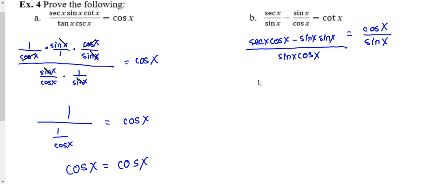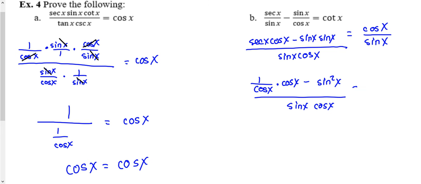This secant I can rewrite as 1 over cos x, and that's being multiplied by cos x, and that we have subtract of sine squared x because I combine sine and sine. All that's still being divided by sine x cos x, and we want to get to a cos x over a sine x.